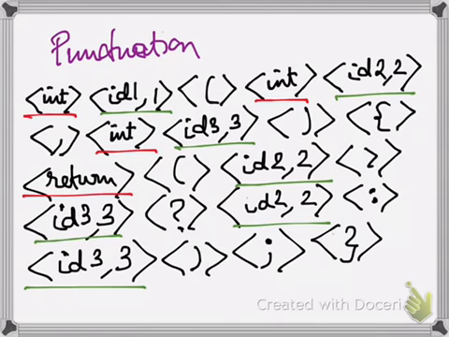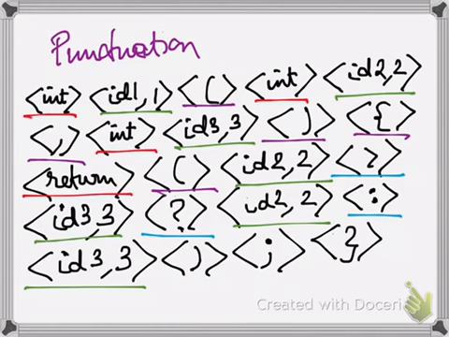Then with blue, let me mark the operators. This is an operator, this is an operator, this is an operator; these others are all punctuations. Then finally with purple, let me mark the different punctuation symbols.